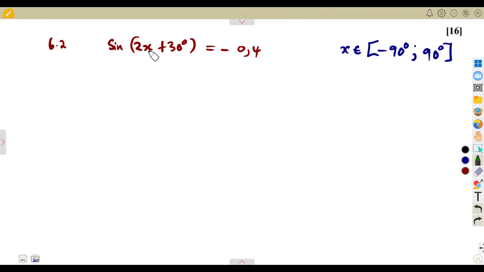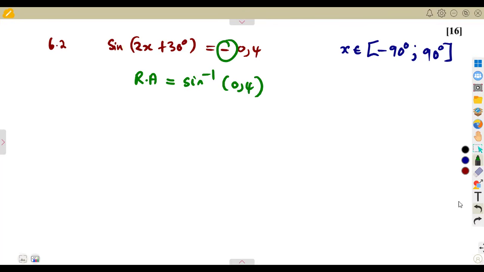All right, so like I said, this is a single trig that you're given. If there was a 2, first thing is to get rid of that 2. You divide by the 2, or any number that is there, but we do not have that. So simply find the reference angle. The reference angle is equal to the arc of this trig that you have here. It's sine, so it is going to be arcsine of 0.4.